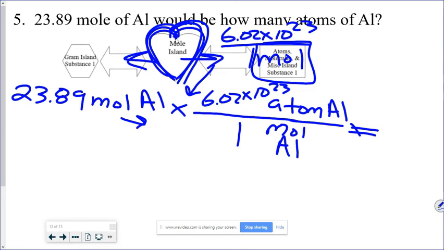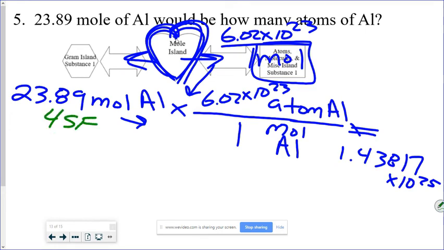I solve this problem, and I get 1.43817 times 10 to the 25th. Well, let's go look at some sig figs. Here I have 4 sig figs. Here I have 3 sig figs. Here I have infinite sig figs, so my answer should only have 3.